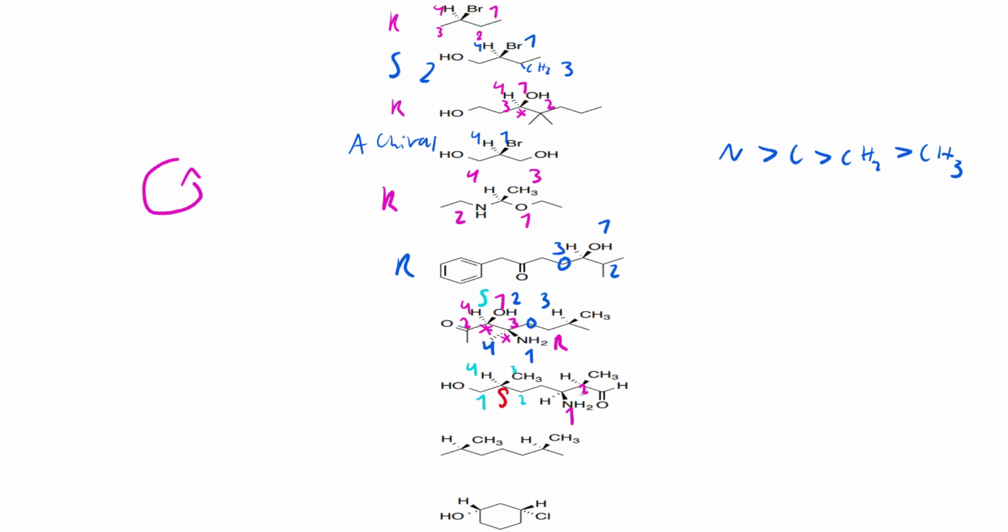So I'm going to go with that being 2, this being 3, and that's 4. Okay, so that's 4. We're going this way. And that's very simple. It's counterclockwise, so it's going to be another S configuration. And let's do that in red so it pops out. This stereocenter right here is an S.